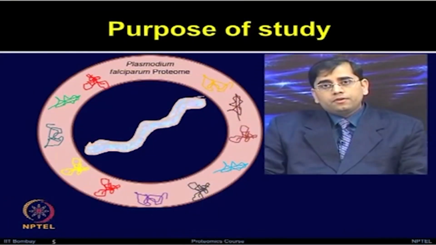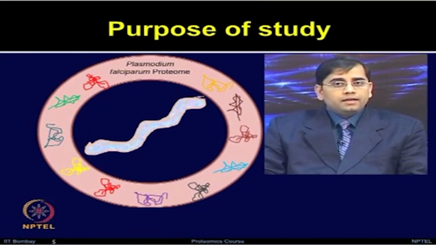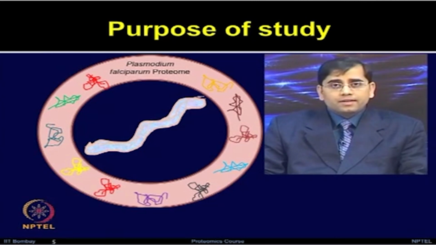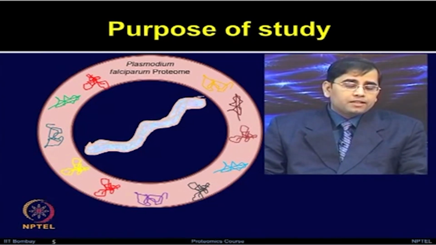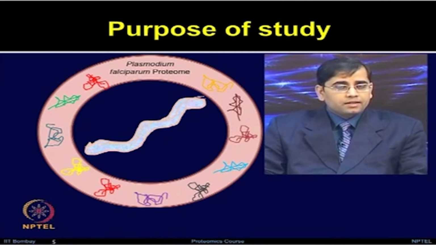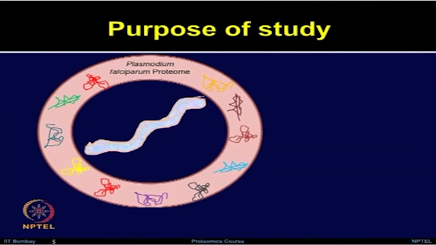To obtain insight into the proteomic alteration, they separated the proteins on two-dimensional electrophoresis gels and compared the response of these proteomic alterations based on these two drugs, and then they identified certain proteins which were either commonly expressed due to these drugs or differentially expressed due to these drugs. So, certain proteins were found to be commonly upregulated due to both of these drugs, and certain proteins have different patterns.